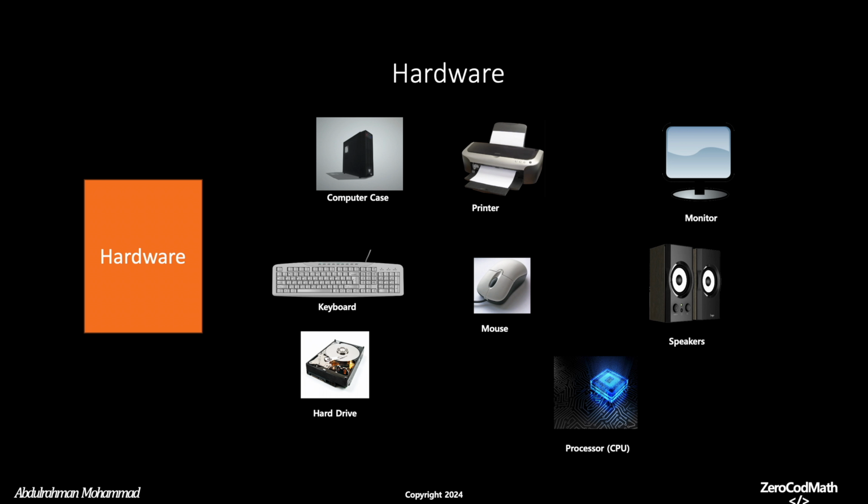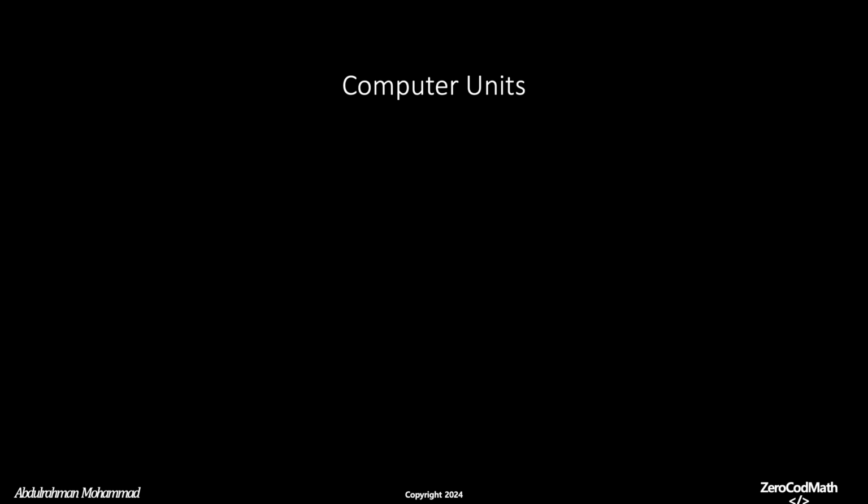Now, hardware components are anything that we can touch, like a computer case or a printer. We can touch it, we can hold it, a monitor, speakers, mouse. Now, computer units.